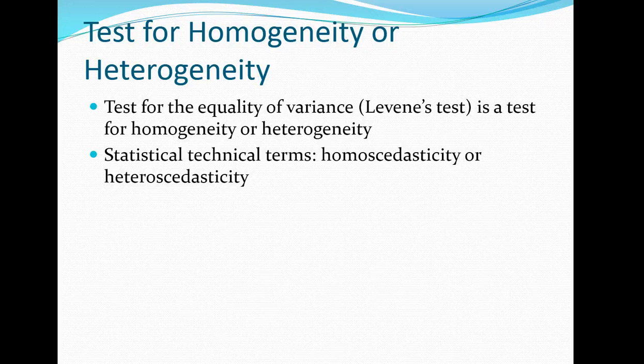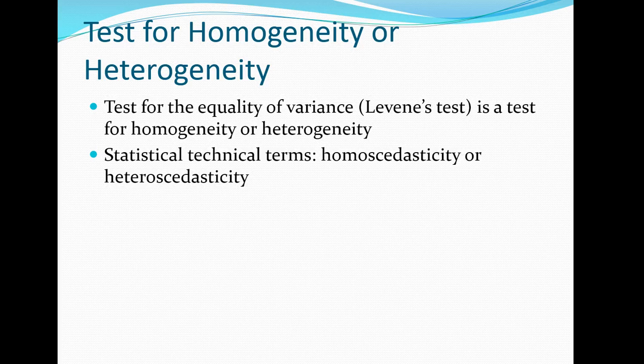You might also encounter in some publications the statistical technical terms for this: if the variances are homogeneous, they call it homoskedasticity. And if not, then the sample variance is described as heteroskedasticity.